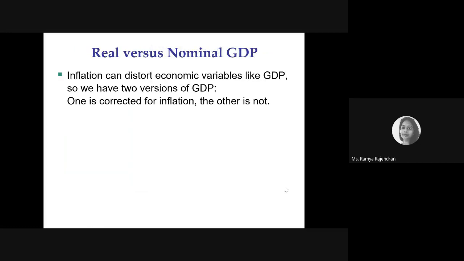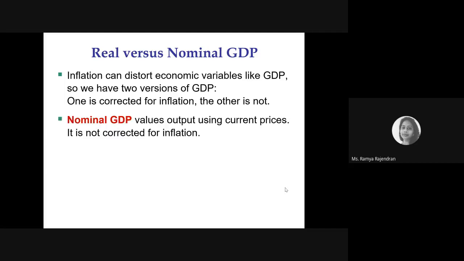Now we'll get into the concept of real versus nominal GDP. I guess you already know this, but we'll review it. Inflation can distort a lot of economic variables like GDP, so GDP's value is most of the time affected by inflation.